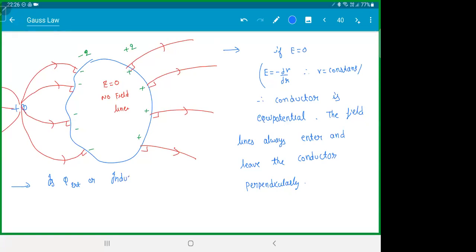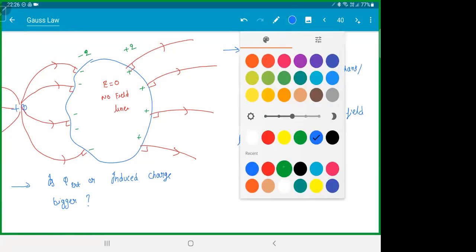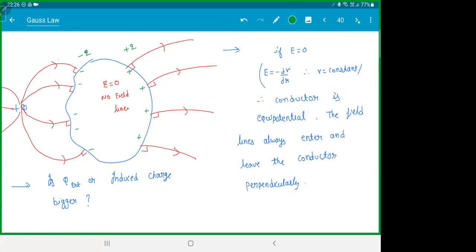Reason? They're not the same. Can you observe something here? How many field lines are there? 1, 2, 3, 4. This is 5, 6, 7. Who has more field lines? Capital Q. Whoever has more field lines will have more charge, isn't it?